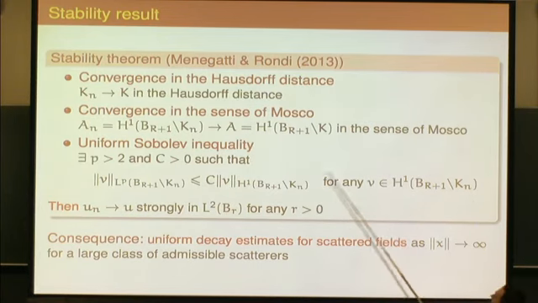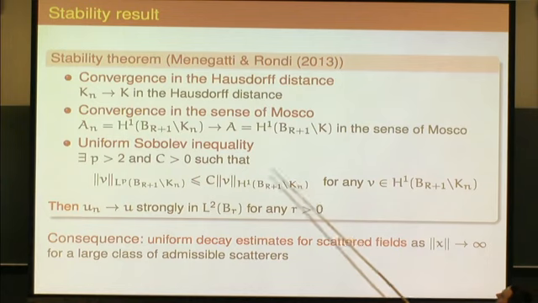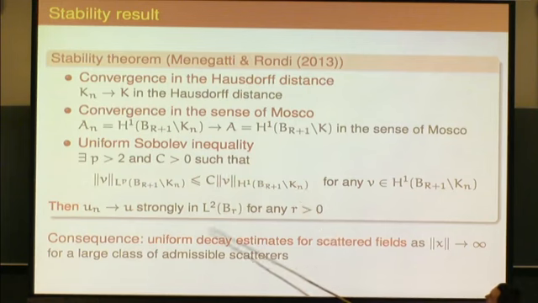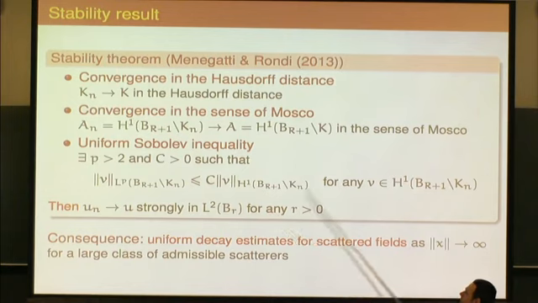Plus, since we are dealing with the Helmholtz equation, we need a uniform Sobolev inequality of the following kind, and then you have the convergence as required. This is pretty useful as a preliminary result for studying the inverse problem, because it gives you uniform estimates.